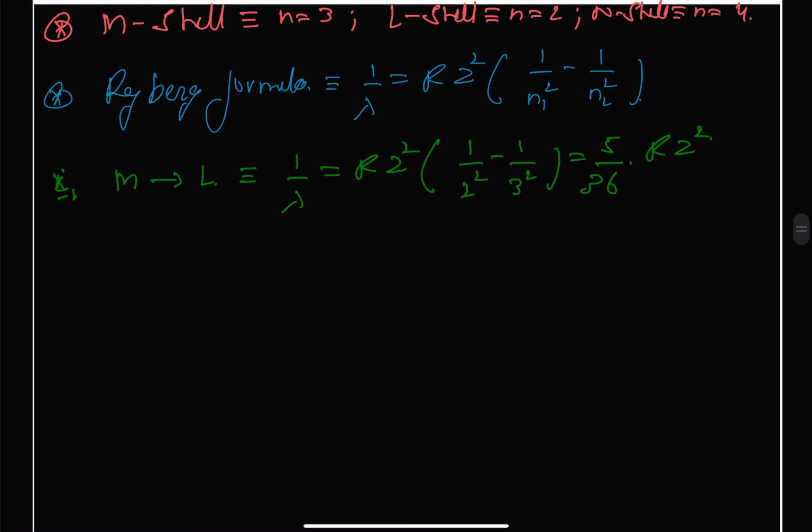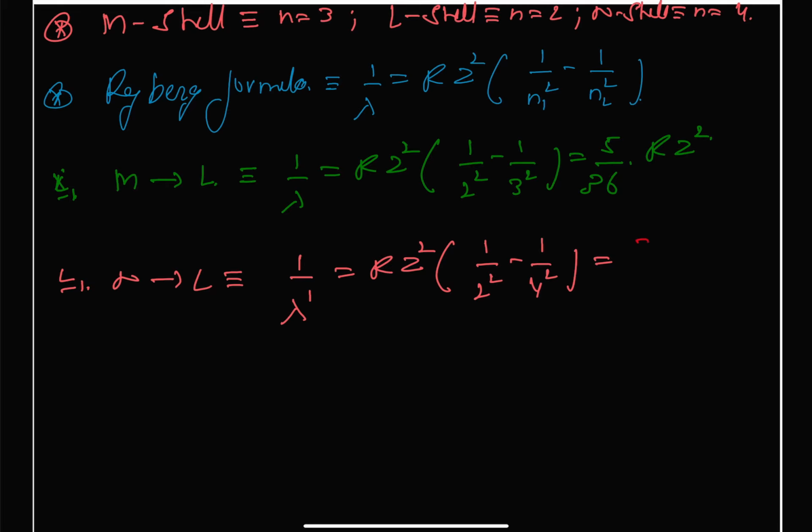And next is from N to L. Let us suppose the wavelength is lambda prime, which will be equal to R Z square times (1 upon 2 square minus 1 upon 4 square). This comes as 3 by 16 R Z square.